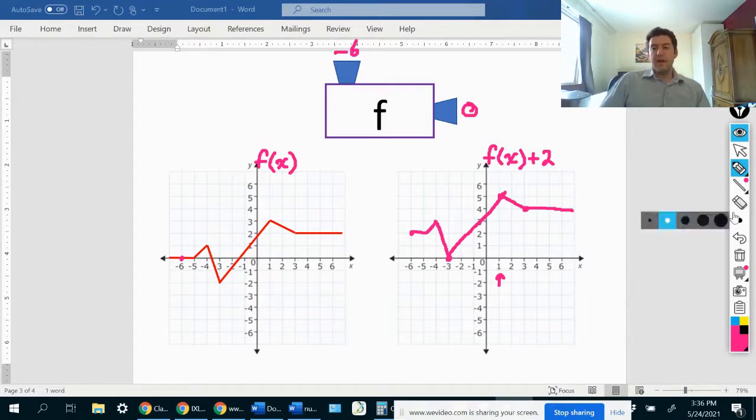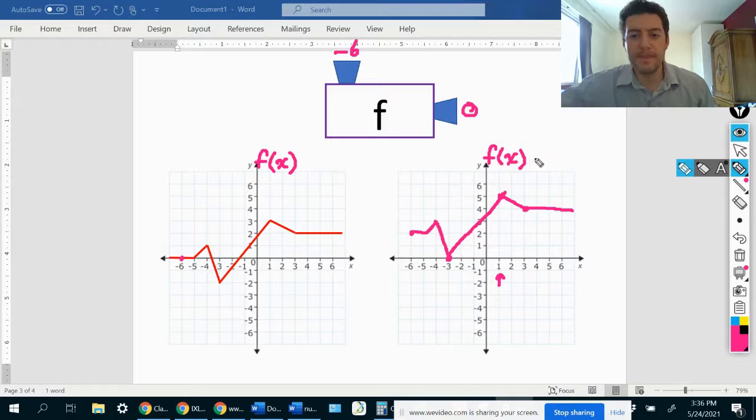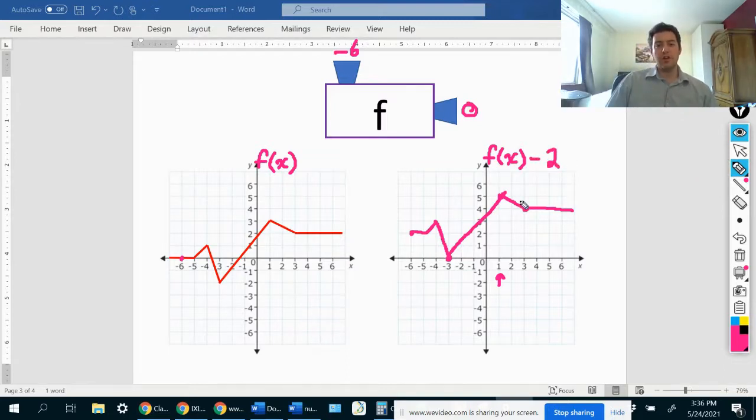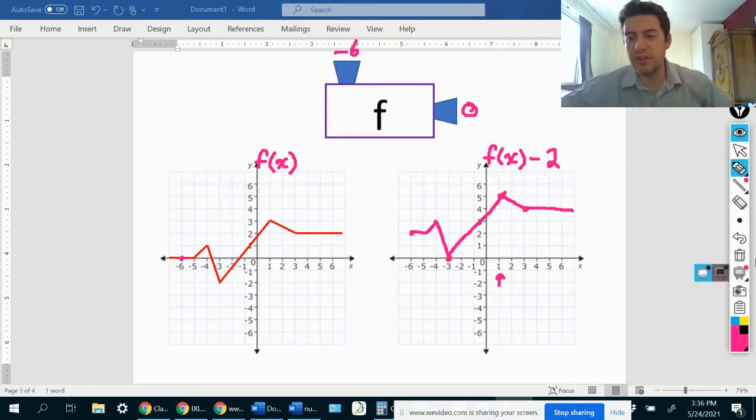All right? Now, if instead of adding 2 to the end, we had subtracted 2, then you probably can figure out what it would look like. It would look exactly the same again, but everything would be 2 spaces lower from where it was before. So it would have been translated down by 2.